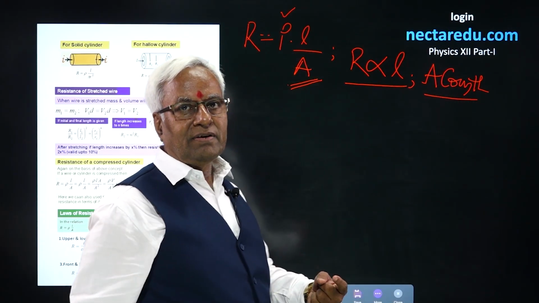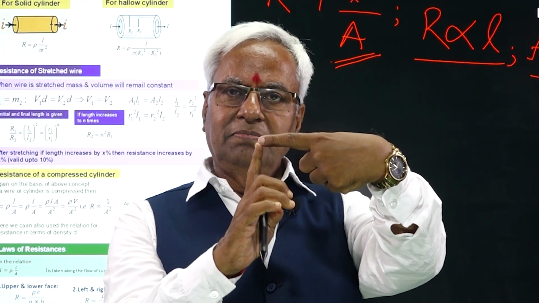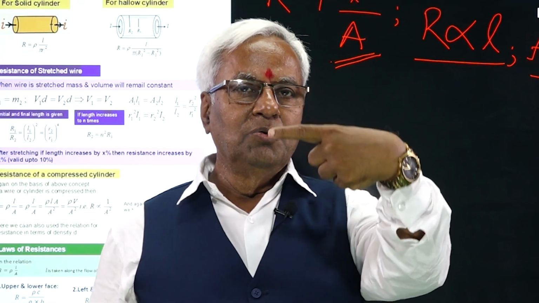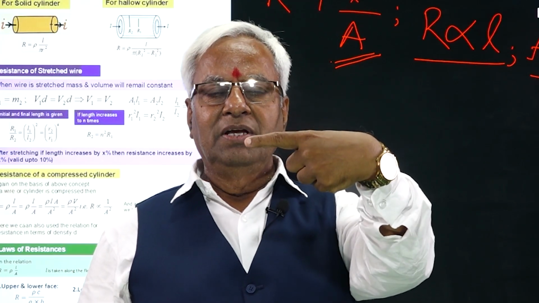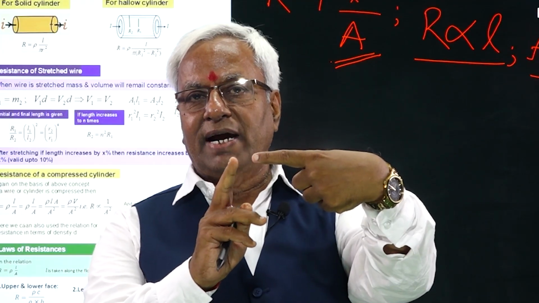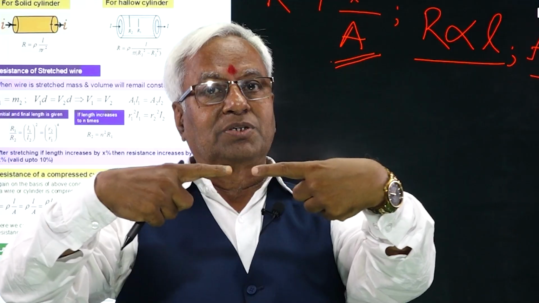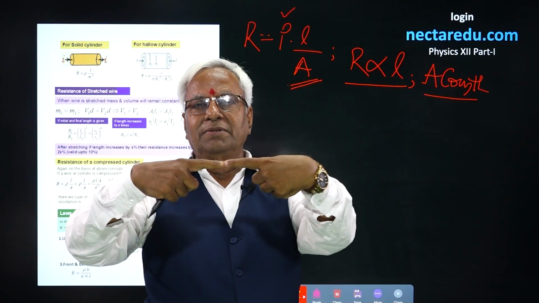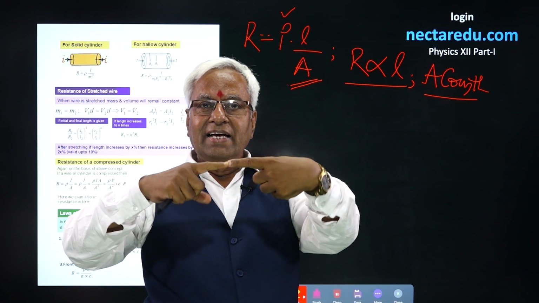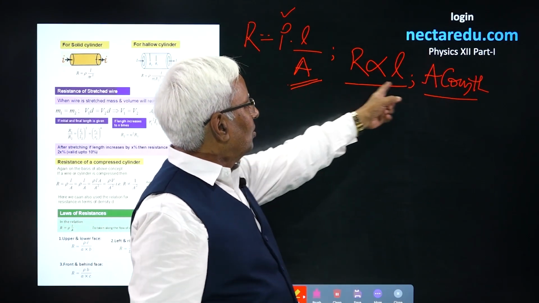What does it mean? This is a wire. It has some length and some area. You have to increase the length without changing the area, meaning you have to maintain the area constant. This could be possible only by adding another similar one. Now the length has been doubled, but the area is maintained constant. In this situation, this law is going to be applicable.